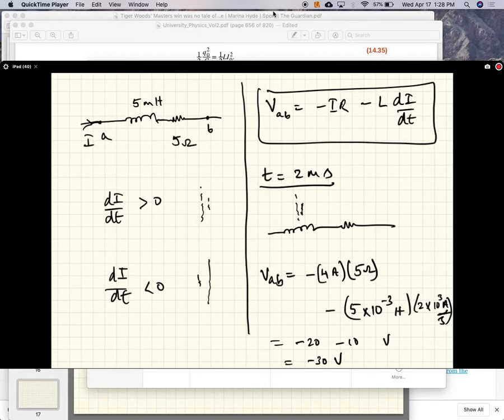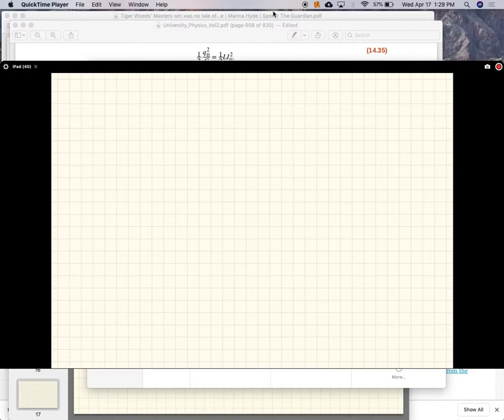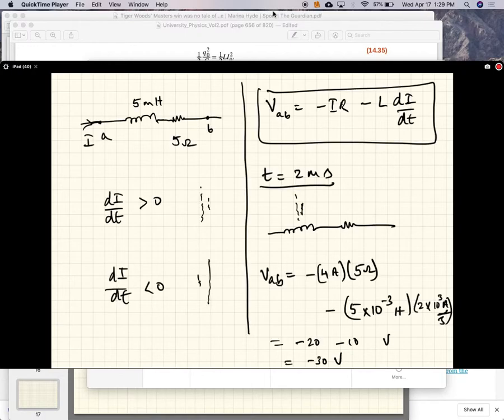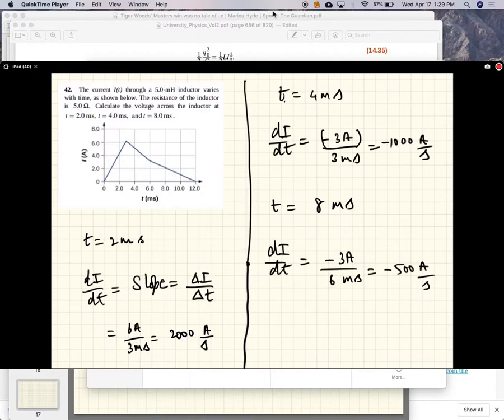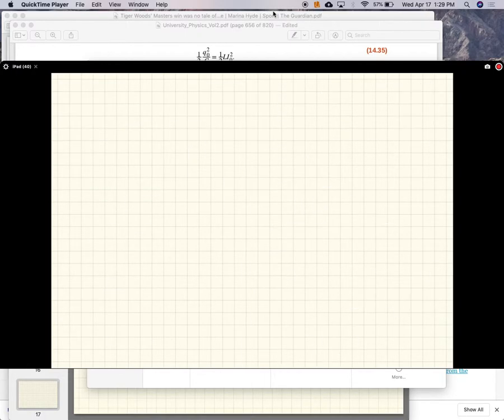we'll calculate the voltage for the other two times. So what are the other two times? 4 milliseconds and 8 milliseconds.